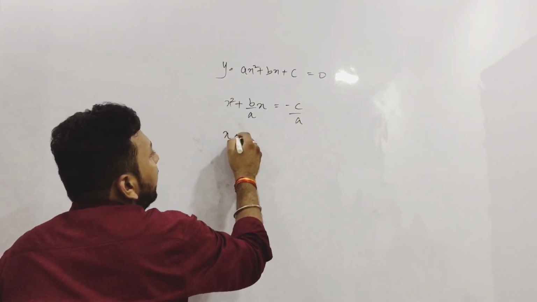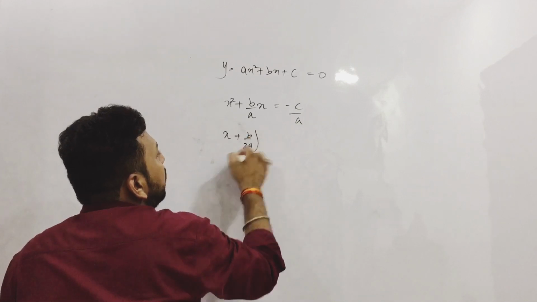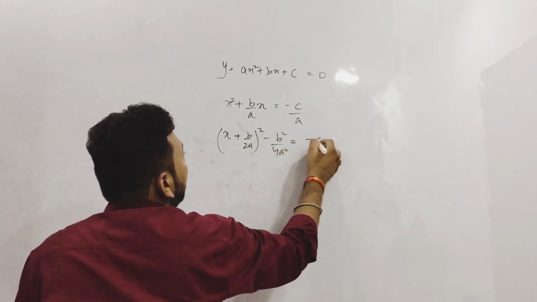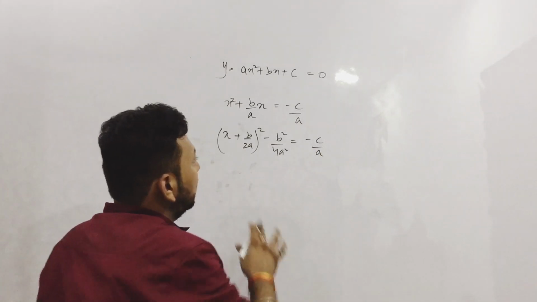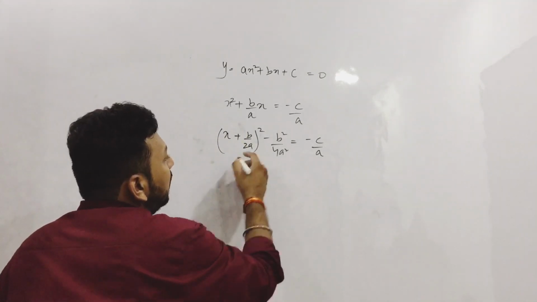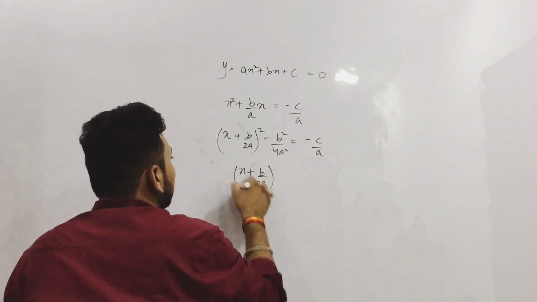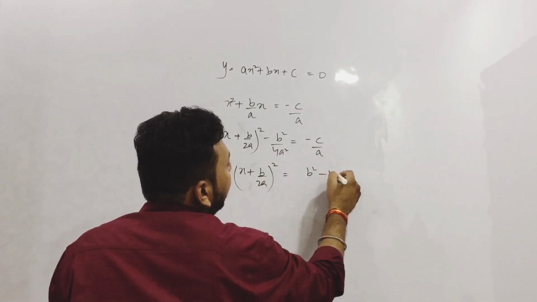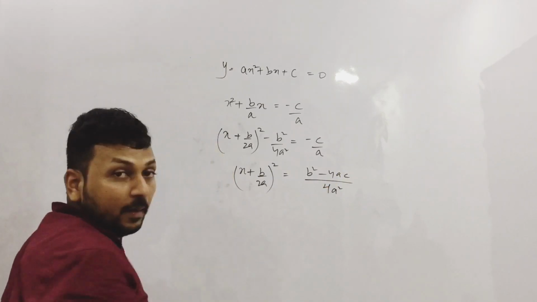We can write it as x plus b by 2a whole square minus b square by 4a square is equal to minus c by a. One and the same thing; if you open it, it will again become like this. So x plus b by 2a whole square is equal to b square minus 4ac upon 4a square, after taking LCM.